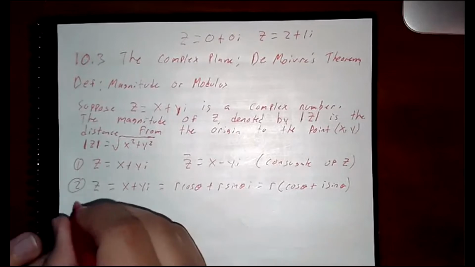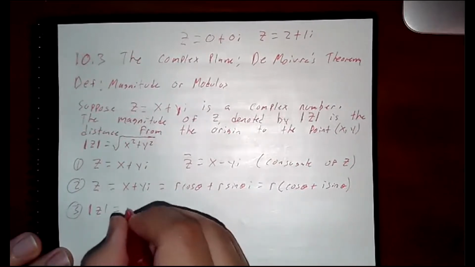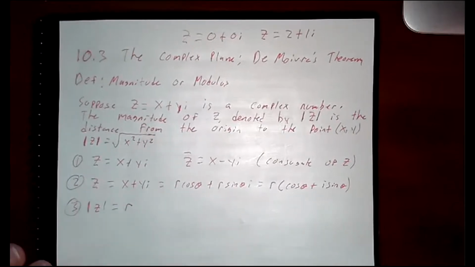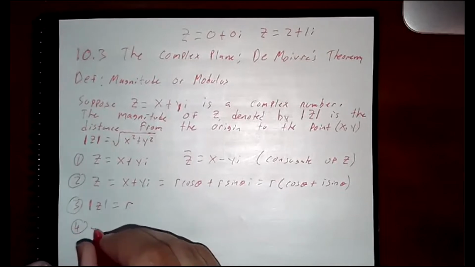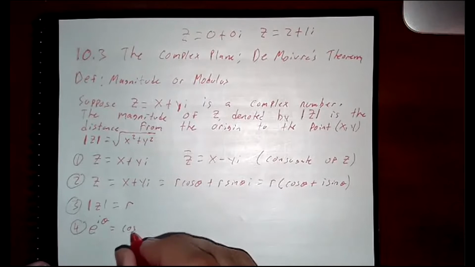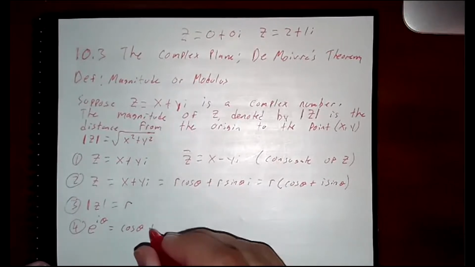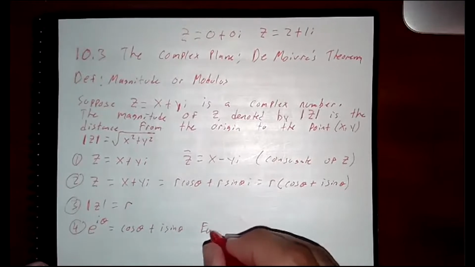Number 3, the magnitude of z is also equal to r. Number 4, e to the i theta is equal to cosine theta plus i sine theta. This is actually Euler's formula.